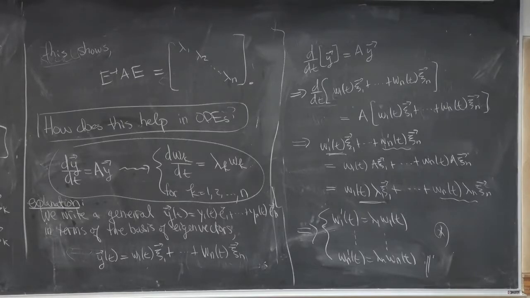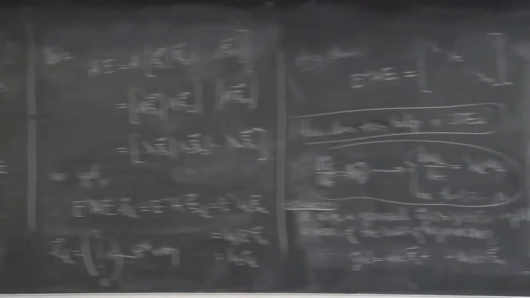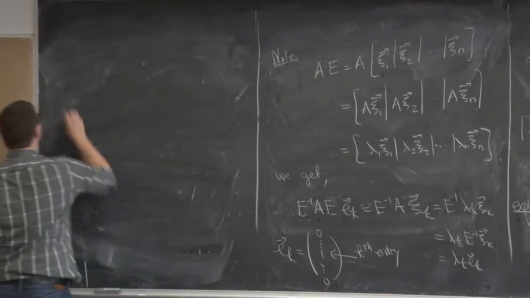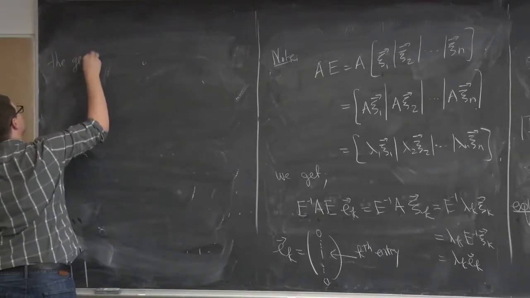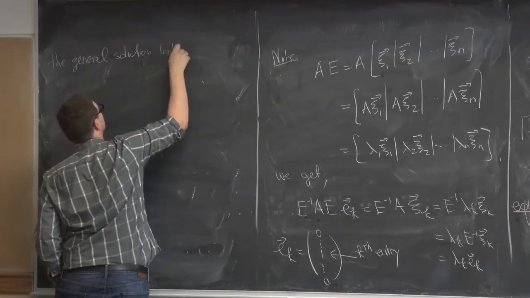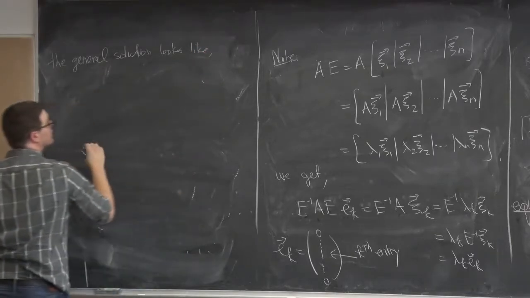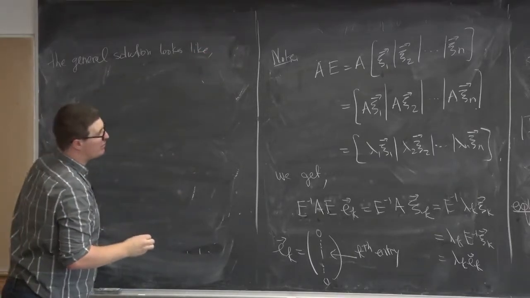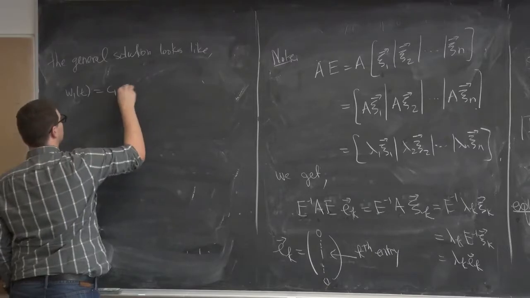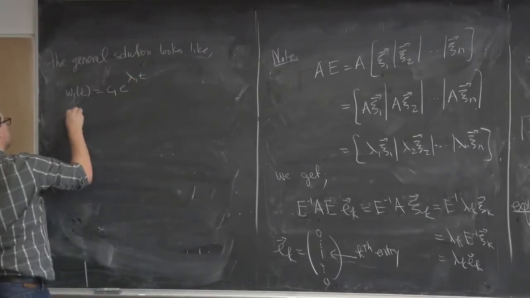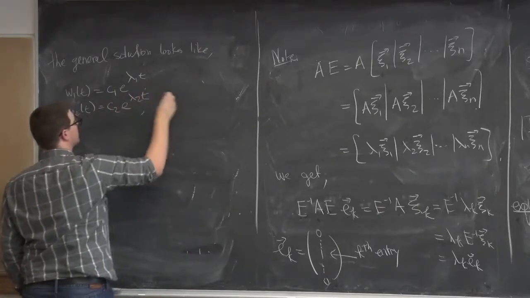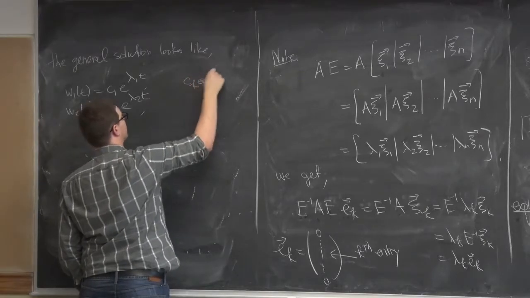So the general solution looks like this. W1 is some constant times e to the lambda 1 t. W2 is some constant times e to the lambda 2 t. Let's say the c_k's are constants.